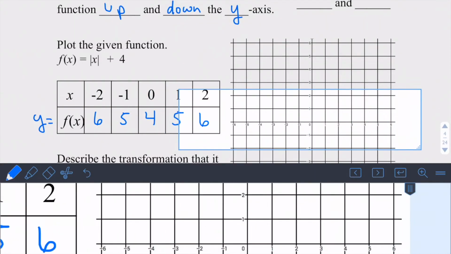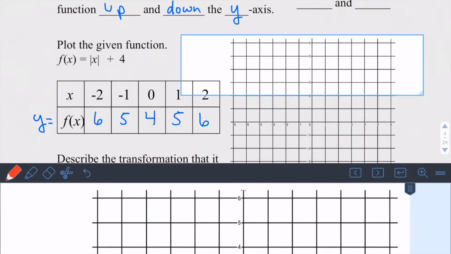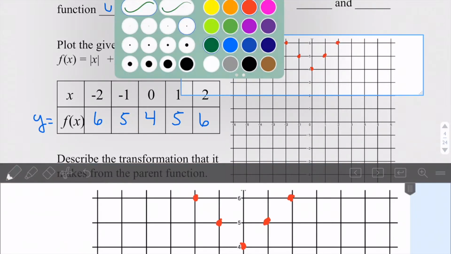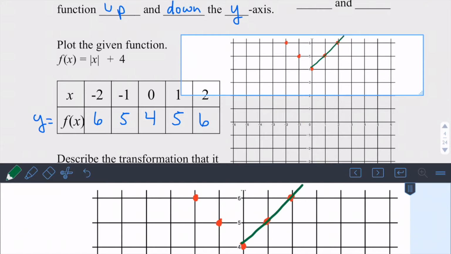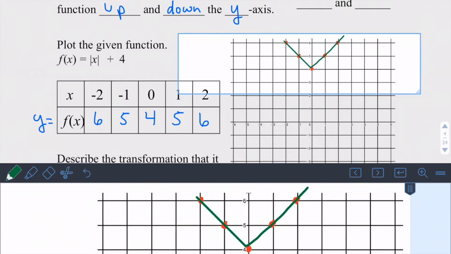I can come over here to my graph and plot my points, which are negative 2, 6, negative 1, 5, 0, 4, 1, 5, and 2, 6. And then if I draw my lines in, I can see that I have the same shape as my parent function.